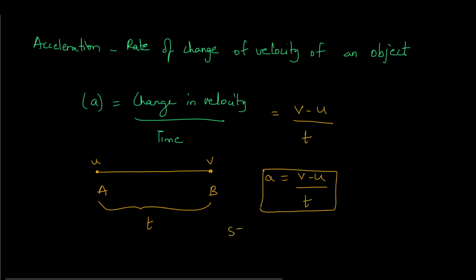The SI unit of this is, as velocity is meter per second, divided by second, which equals meter per second square, or m s to the power minus 2. So this is about acceleration.